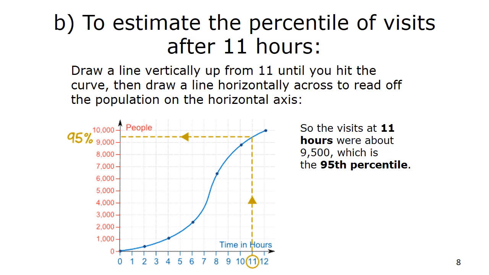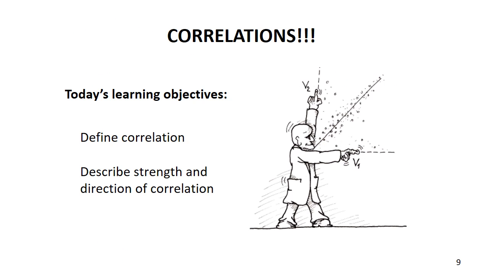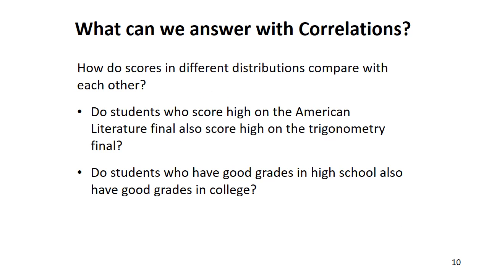All right, so when we talk about correlations, we need to define correlations and then also talk about the strength and direction of correlations. And that's going to be really important because we're going to be asking you to visually identify the different strengths and correlations. Now, correlational research is interesting, but you might wonder, what can we really answer with correlations?